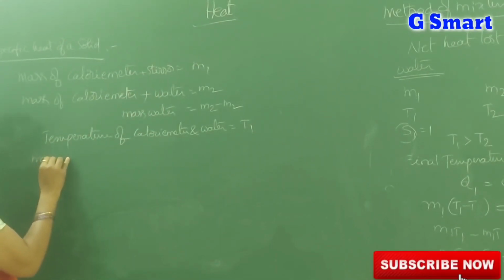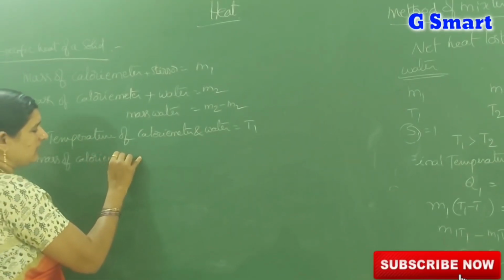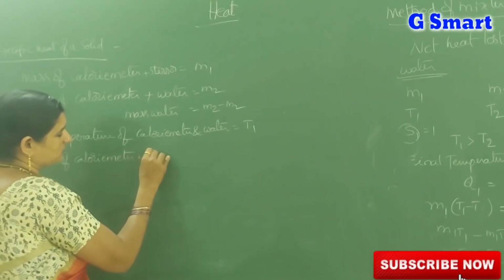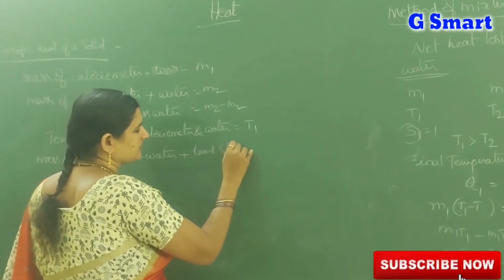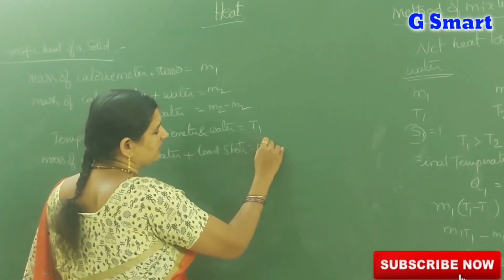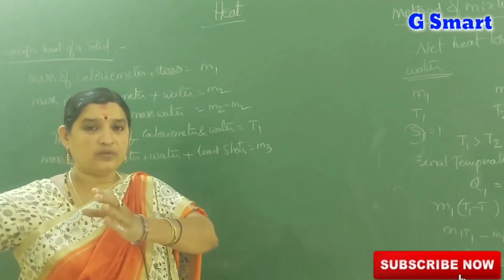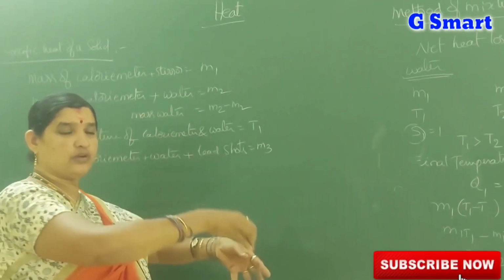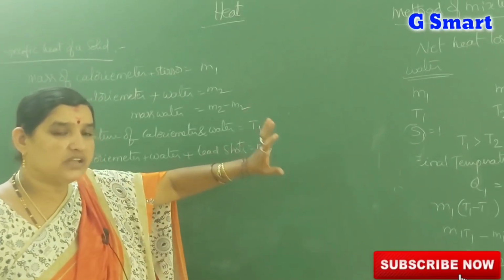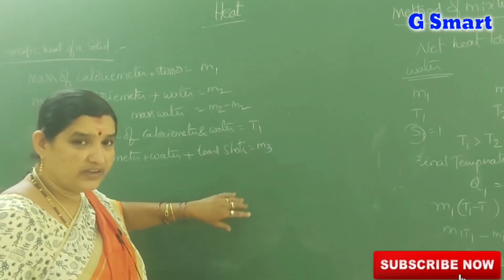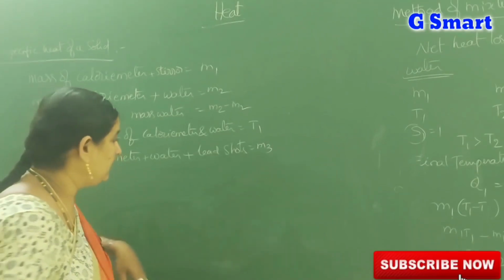Next, mass of calorimeter plus water plus lead shots is equal to M3. When you add lead shots from the steam chamber to the water and calorimeter, you weigh the calorimeter and you can get M3.